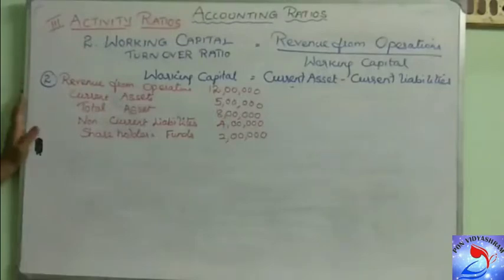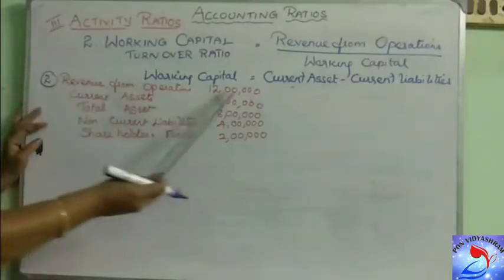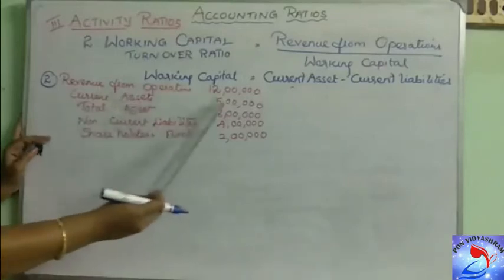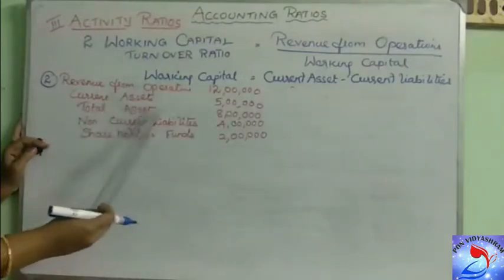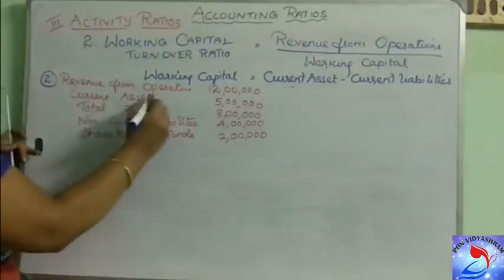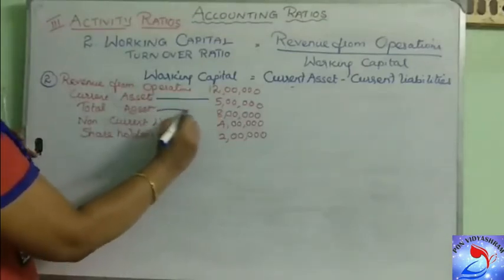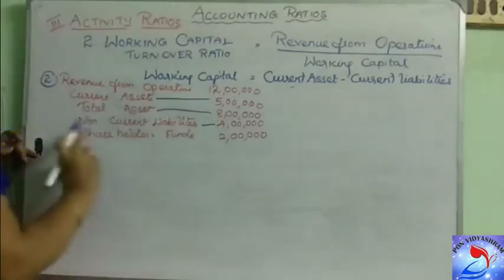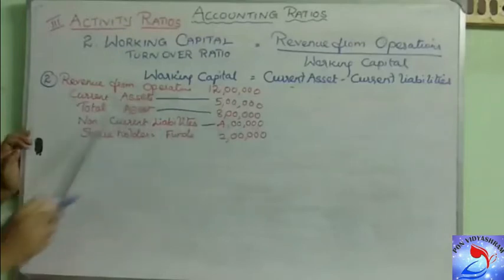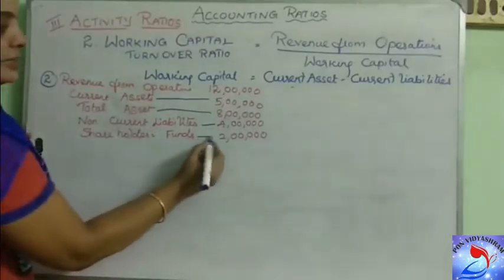Now the second sum, children, to find out the working capital turnover ratio. Here they have given you revenue from operation as 12 lakh, current asset as 5 lakh, total asset as 8 lakh, non-current liability as 4 lakh, and shareholders fund as 2 lakh.